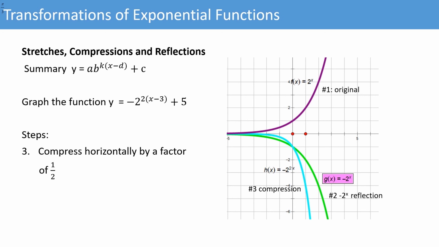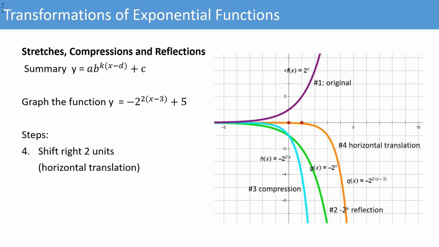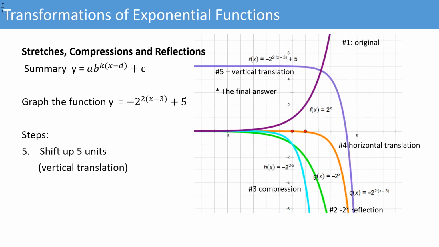It's compressed horizontally by a factor of 1/2. It's shifted right 2 units, which is a horizontal translation. It's shifted up 5 units, which is a vertical translation.